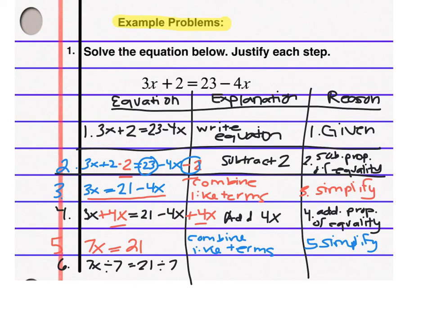Okay, so what are we doing? Divide by 7. Division property of equality. And then lastly, x equals 3. We just simplified.